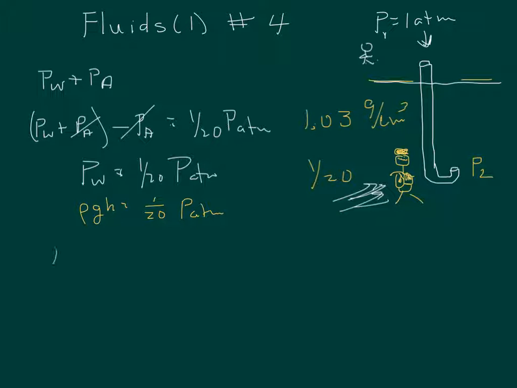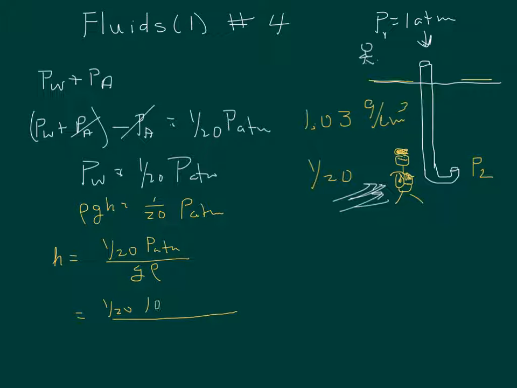So I solve for h, which is the depth of the water, the height of the water above the diver, and that's 1/20th of an atmosphere divided by g times rho. So I have 1/20th.